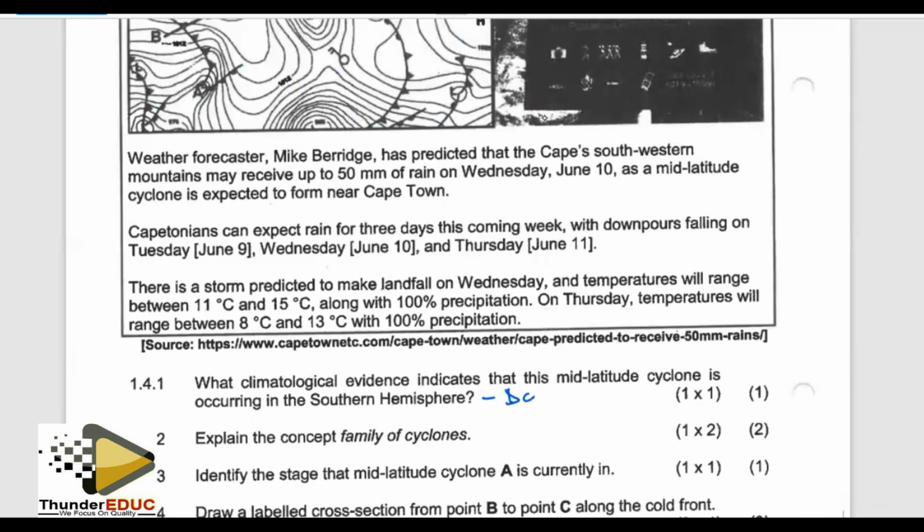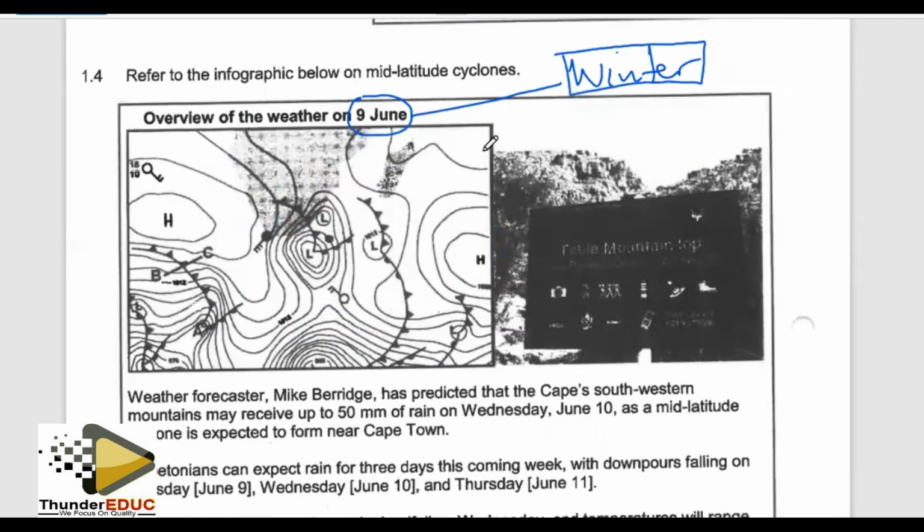So the date showing winter in the southern hemisphere, because winter in the southern hemisphere starts somewhere from May, June, July, August. That is still in winter season. So if we see June and we know that this is winter, this must be in the southern hemisphere.